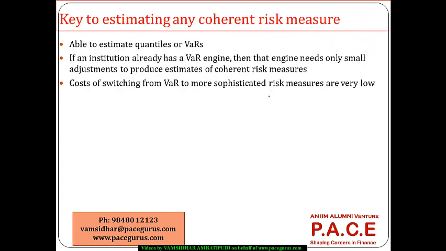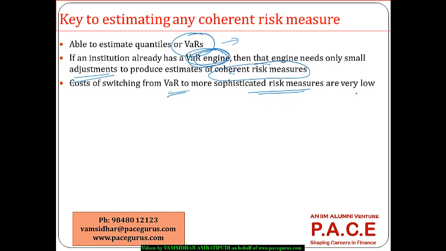So the most important thing is I should be able to find out the quantiles. I should be able to compute the VaRs associated with each of the quantiles. So I should have a VaR engine which will compute the VaRs for each of the quantiles. I am doing small adjustments to those VaR computations by providing an appropriate weightage function, which helps me arrive at coherent risk measures. This means any firm which has already been very extensively using value at risk can quite comfortably shift towards a sophisticated coherent risk measure.